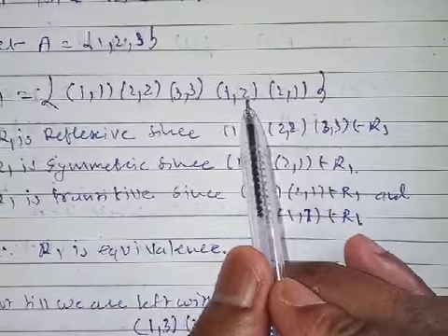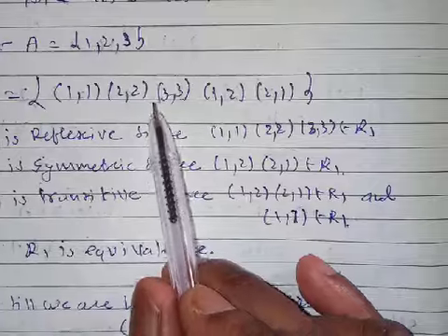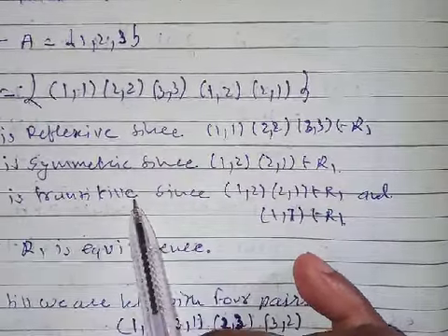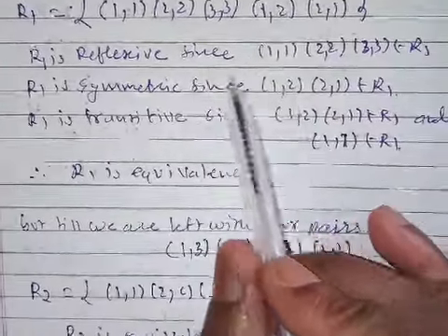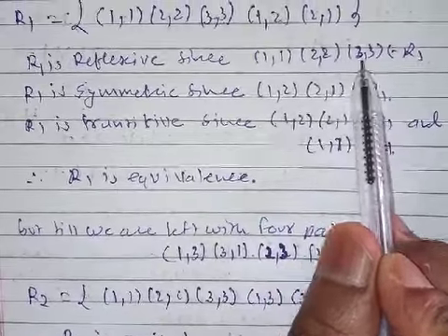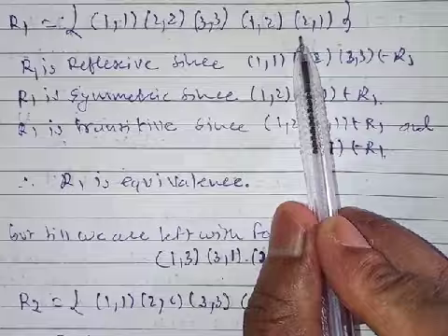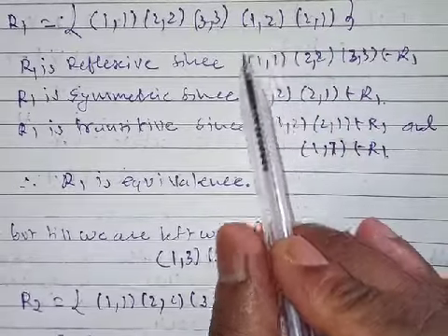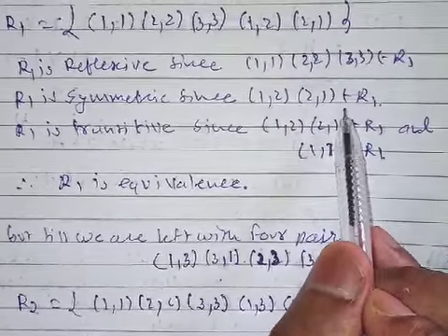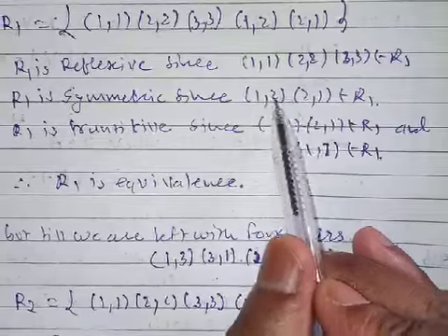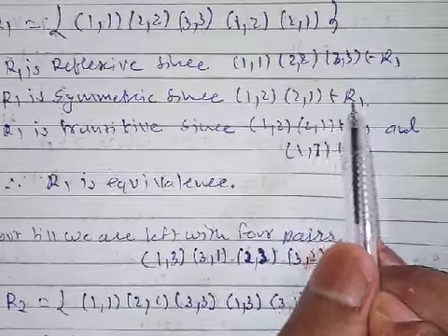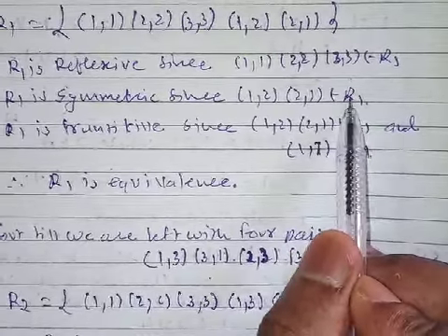Now let's check again whether it is reflexive, symmetric and transitive or not. Since (1, 1), (2, 2), (3, 3) belong to R1, it is reflexive. Let's take (1, 2), (2, 1). It also shows that it is symmetric.